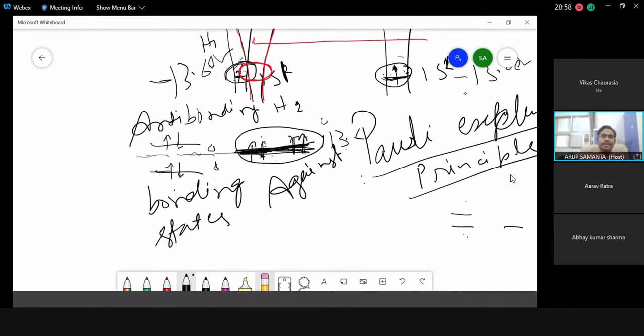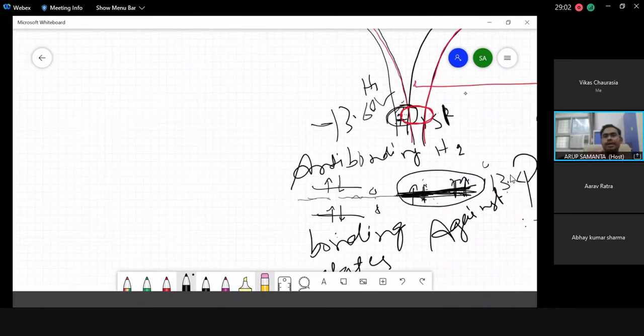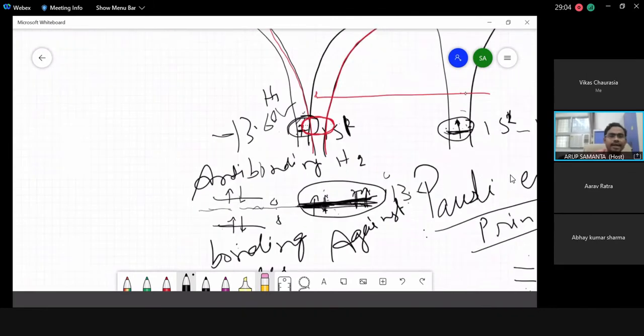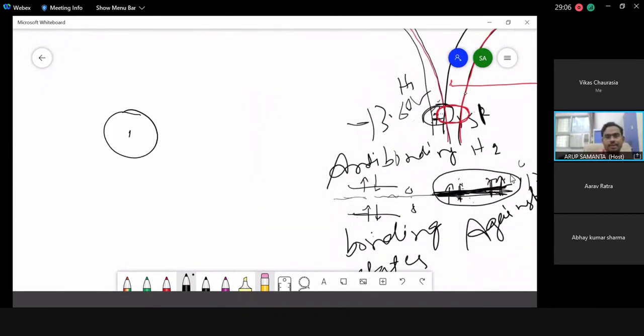In nature, what is happening? The outermost electrons of these two atoms: if this is the nucleus, this one electron is here, and this one electron is here. Initially, you are only counting the interaction of the nucleus and the electron in the Bohr model.